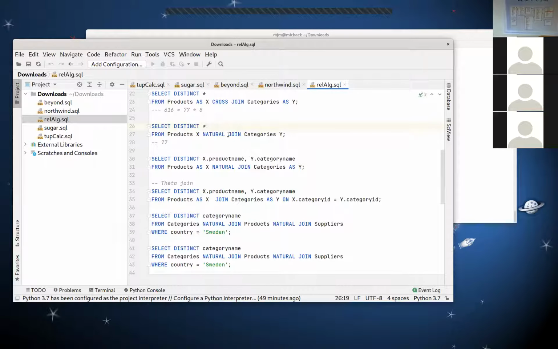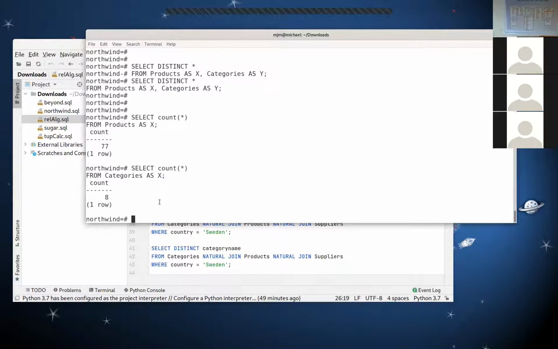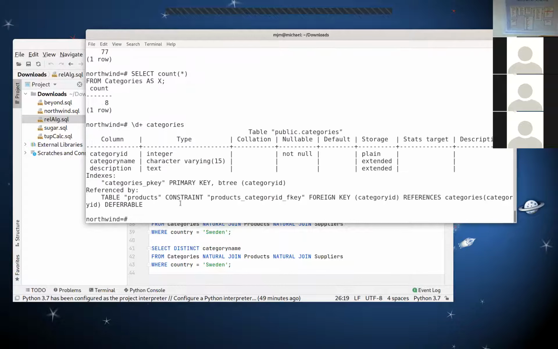This is actually a bit better here. So natural join. Okay, so let's look at the signatures here. I say it's kind of unorthodox. When I say signature, what I mean is let's look at the actual columns. This is one way you can do it in PostgreSQL. If I say categories, it's got category ID here, and the type is integer.